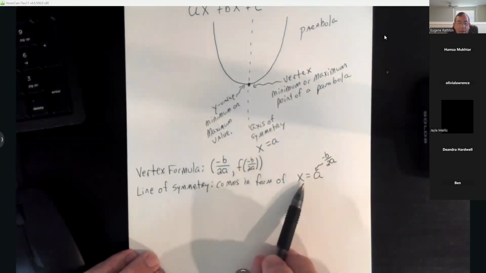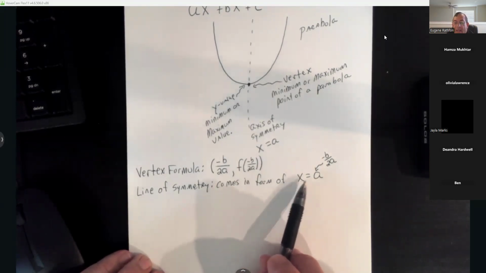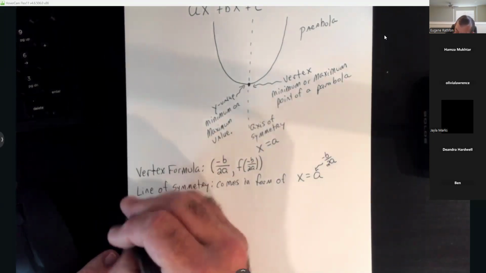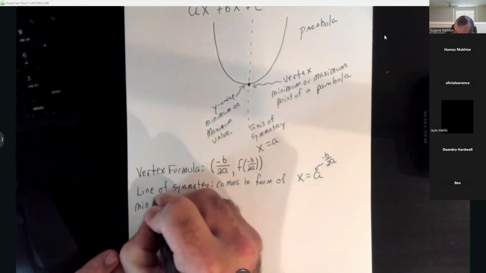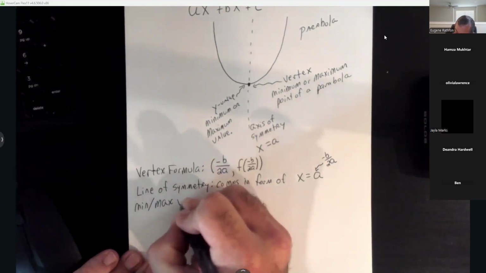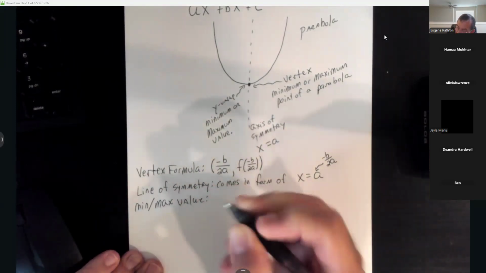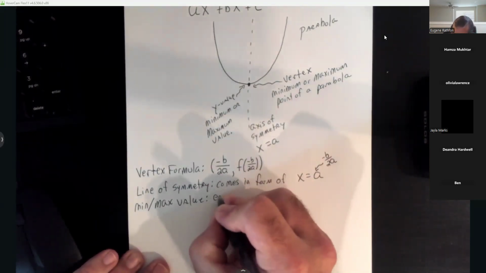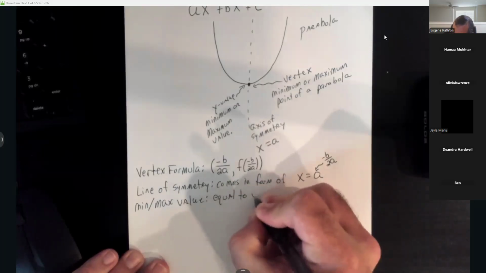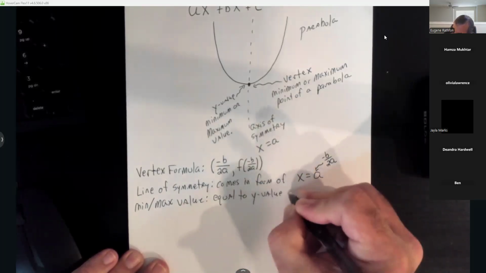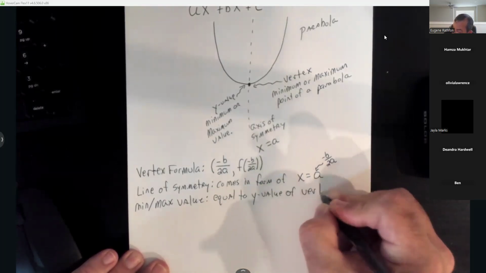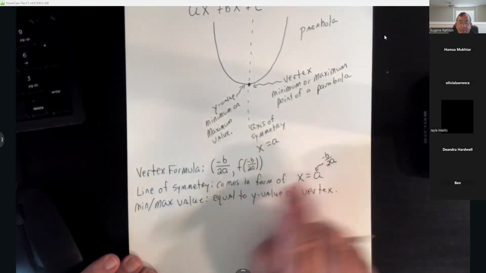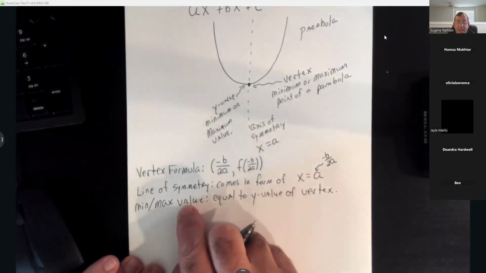Because that's going to give me the x coordinate, and the line of symmetry is x equals whatever that x coordinate is, okay? All right, then we had the minimum or maximum value. We said that was equal to the y value of the coordinate of our vertex. So the x value gives me the line of symmetry. The y value gives me a min or max value.